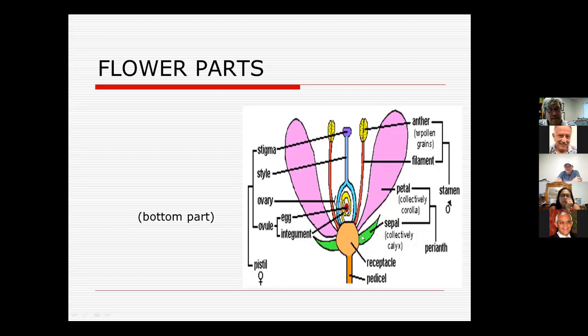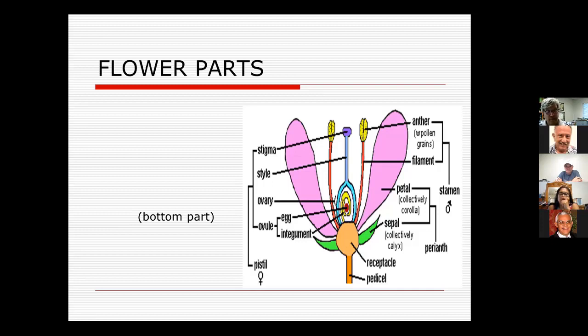You have sepals, which when you see a flower bud, like a rose bud open up, the green part before it fully opens, that's the sepal. So when you have that green covering, that's what a sepal is when you hear that term. Then inside that, you have petals, which are the colorful components typically that are used to attract the pollinators.